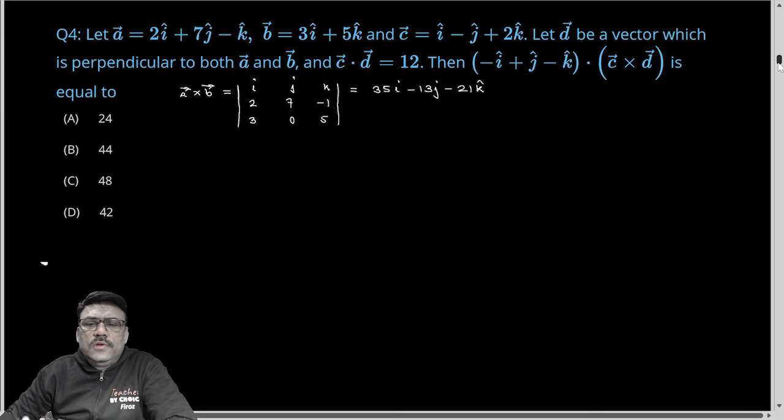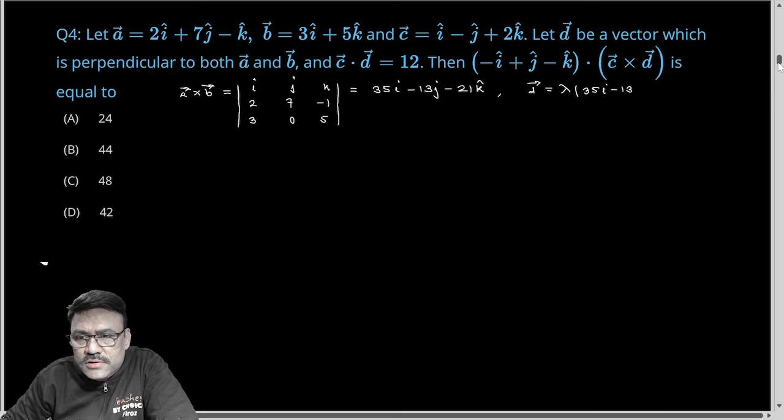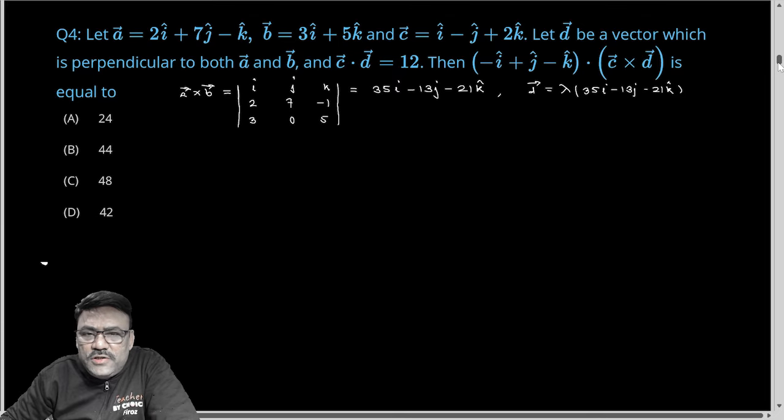Now D will be what? D is perpendicular to both A and B. So I can say that D must be lambda times A cross B, means lambda times 35i minus 13j minus 21k. This is the vector D. Now they have given that C dot D must be 12.